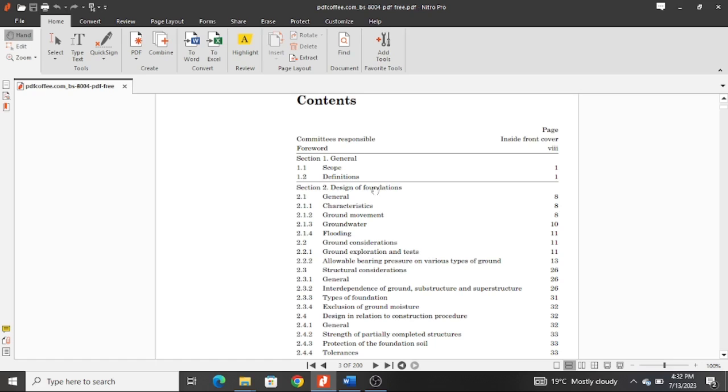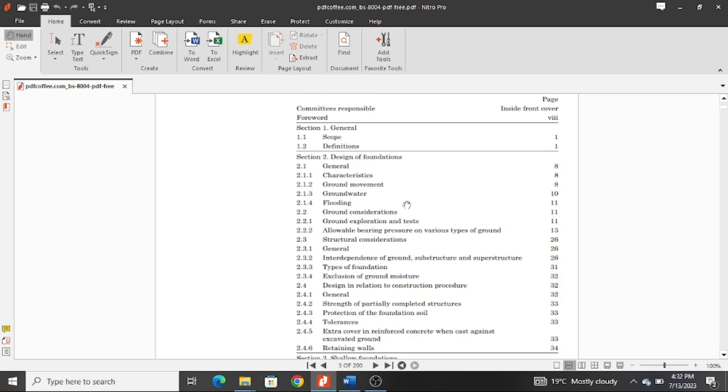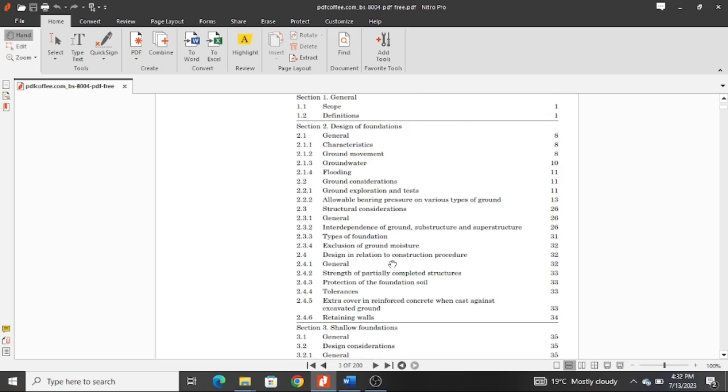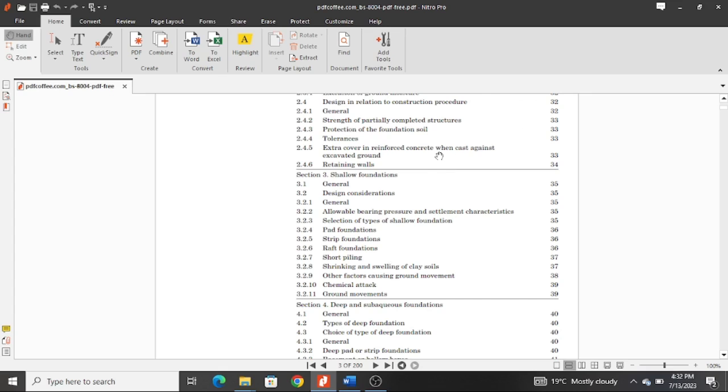Section 1 is generally the definitions. Section 2 talks about all the things that you're going to encounter, including ground movements, groundwater. You have issues to do with flooding, allowable bearing pressure on various types of grounds, structural considerations, and all these things that you need to take into consideration, including retaining walls.